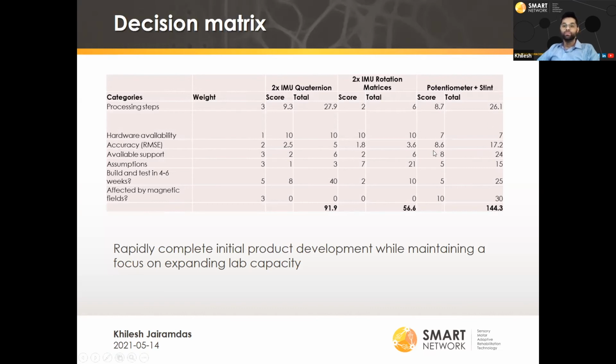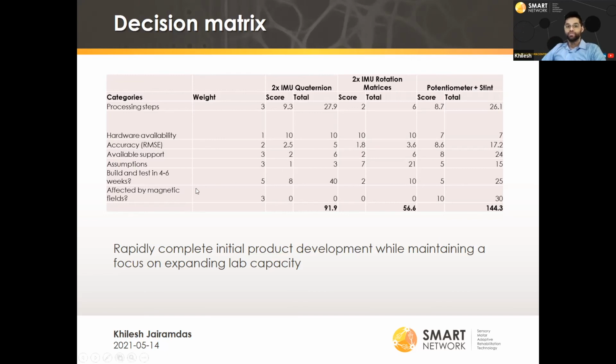It doesn't really make any bad assumptions. One is that you can't really put them anywhere. Like you could do an elbow joint angle estimation pretty well, because 1 stint would go on your forearm, 1 would go on your upper arm, and that's that. But what if you want to use a shoulder, for example? Where would one of those stints go? Would you tape it to the person's neck? I don't know.